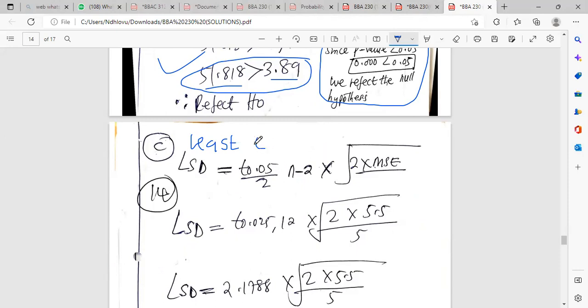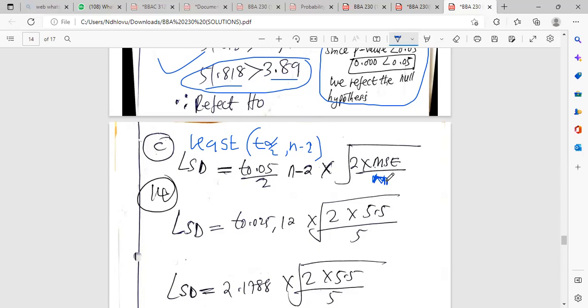So it is equal to T alpha over 2, with N minus 2, there is a comma here, then the square root of 2 multiplied by MSE over N. Here you can put capital N, or a small n for the difference.